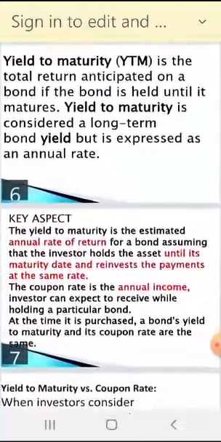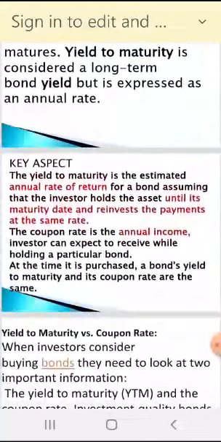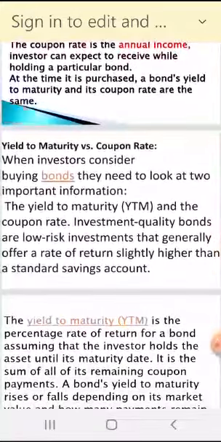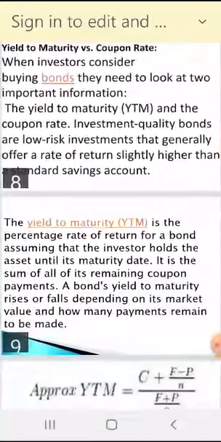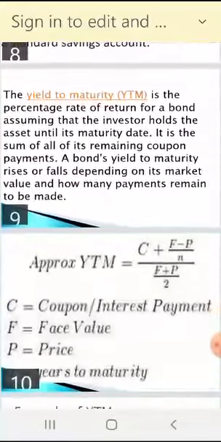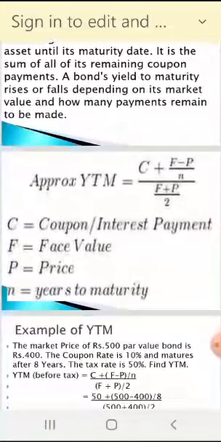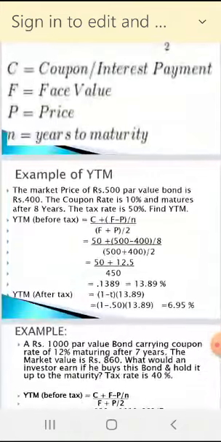In that we covered the meaning of the yield to maturity, and also the formula, that is C plus F minus P upon N, divided by F plus P upon 2. We already discussed that with the example of YTM.